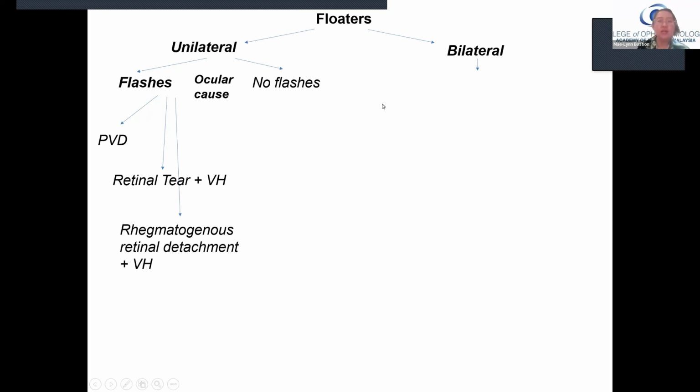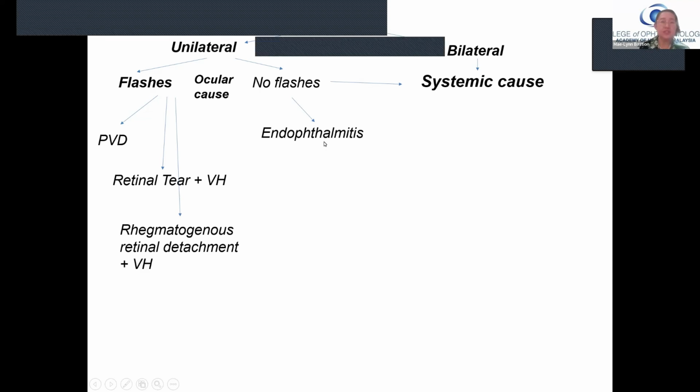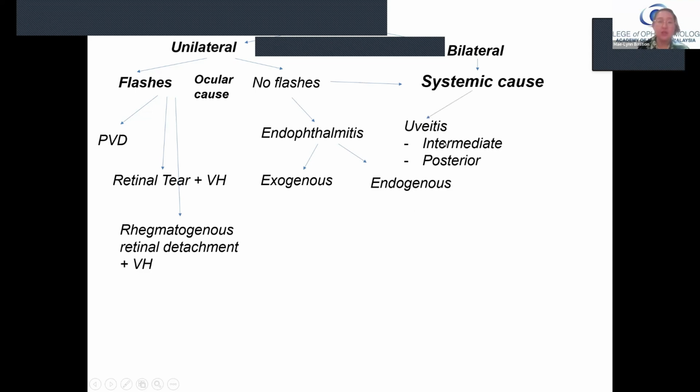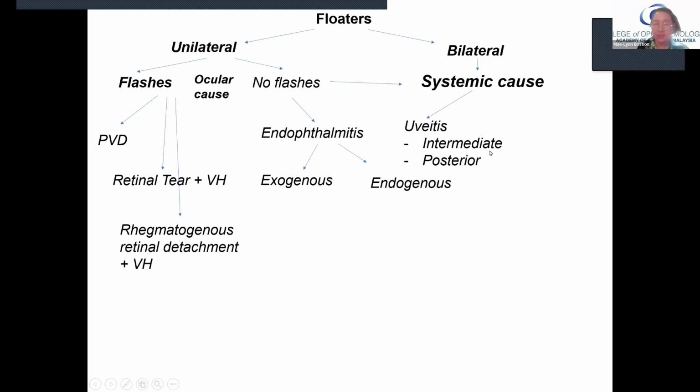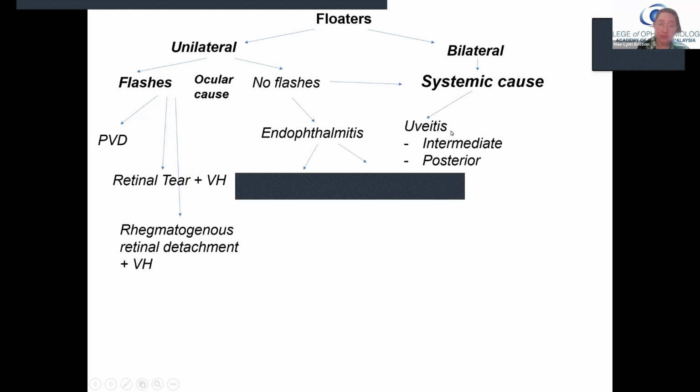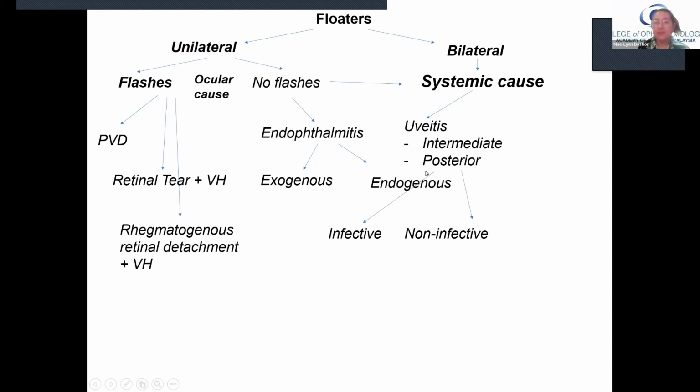If there are no flashes at all, then you might want to consider the systemic causes, which I will detail later, including endophthalmitis, which is an infection that can be either exogenous or endogenous in origin. Posterior or intermediate uveitis in particular may be one of the underlying causes, and this can be either infective or non-infective in origin.